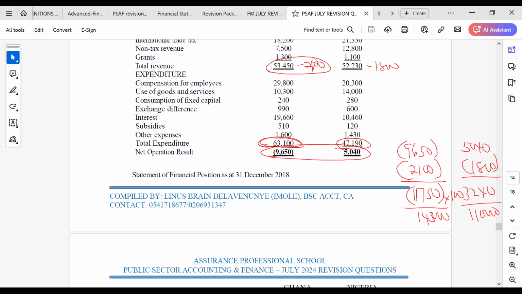I'm getting 8.10 for Ghana. I have 2.95 for Nigeria. Okay, so 8.10.